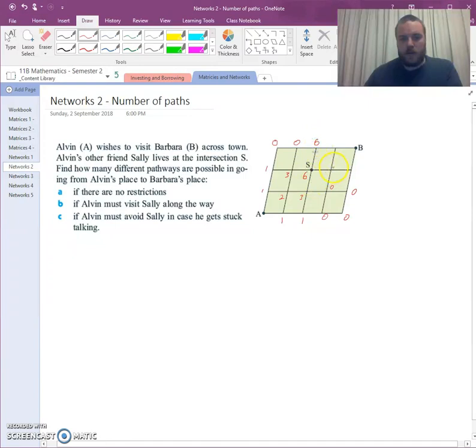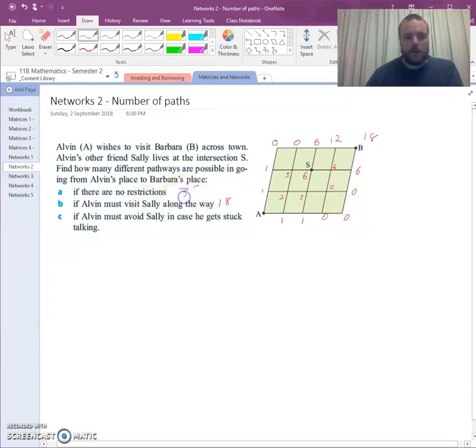So that's 6. This is also 6. But now we've got potentially 12 paths to get up to here. Still 6 here, so that makes 18 paths in total. So if Alvin must visit Sally, there's 18 paths.